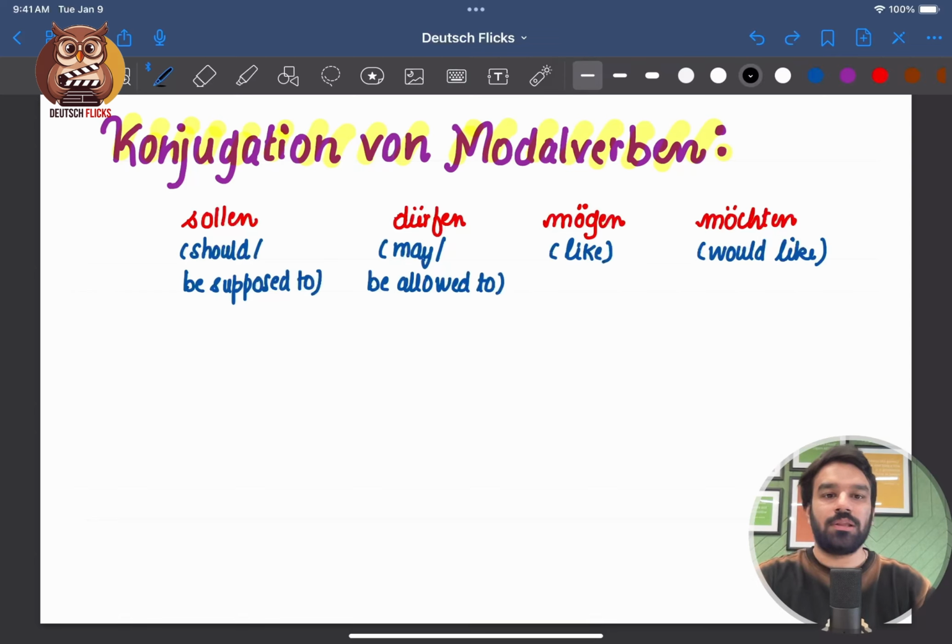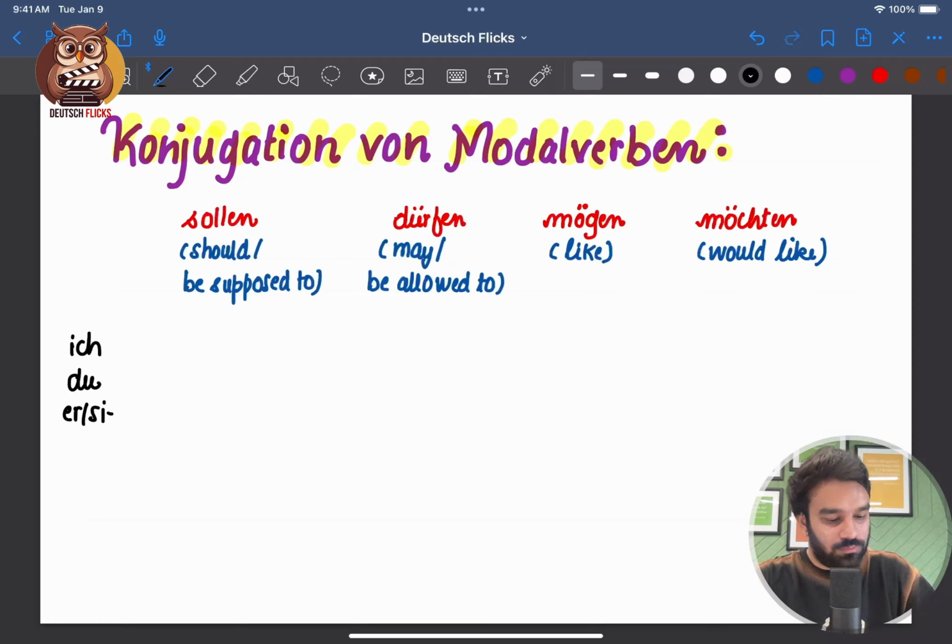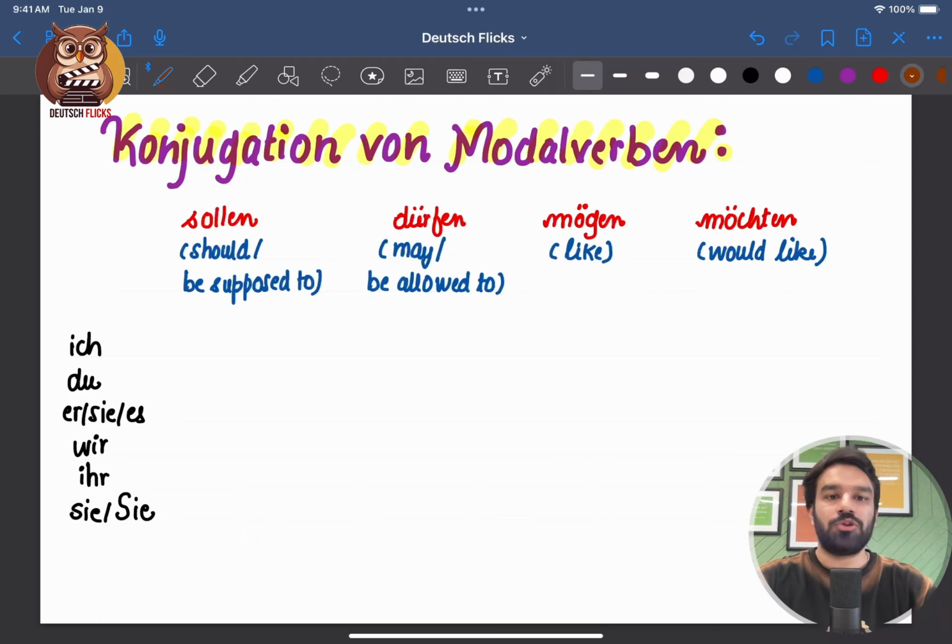I'll write all the personal pronouns in sequence. I'll conjugate these modal verbs according to ich, and then you have to write the conjugation with other pronouns.